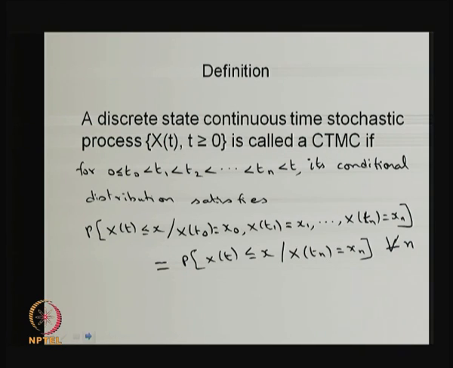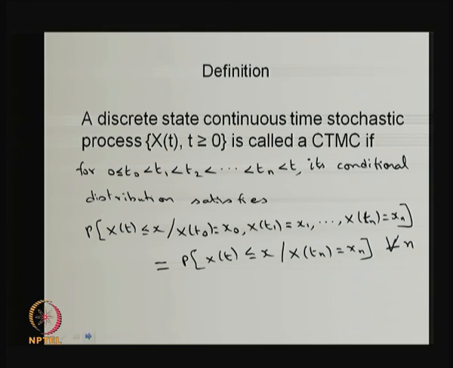That means t is a sort of future. So, what is the probability that the random variable will be in some state at the future time point t, given that you know the present state, that is where the system is at time point t_n, that is small x_n, and I know the past information starting from x(t_0) till x(t_{n-1})?